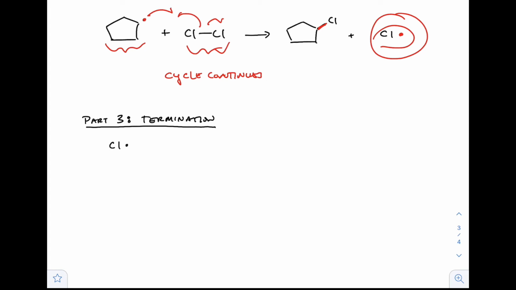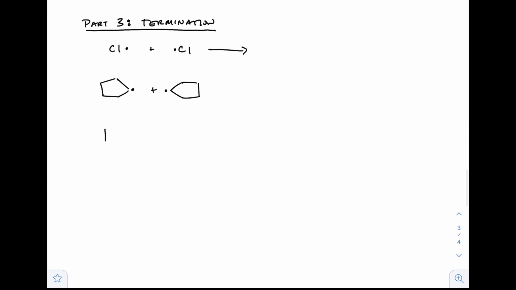Now, termination is the end of this reaction. This is when it gets quenched, right? There are a variety of ways to quench a reaction, but the gist of it, in this case, is two radical species that are present coming together.